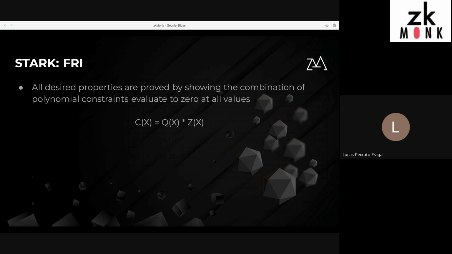And we will test that this polynomial is equal to 0 in all positions using the quotient test as in PLONK. However, this is not enough, because now comes transparency.